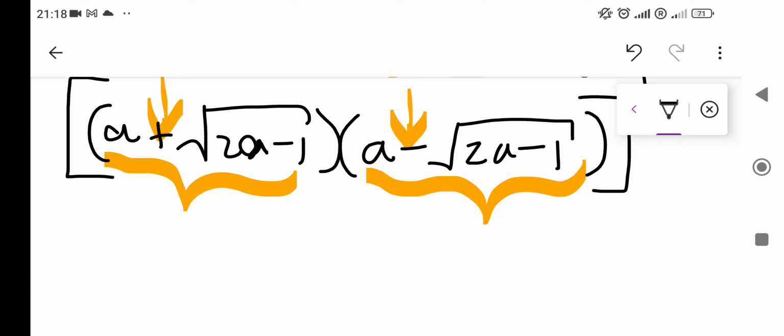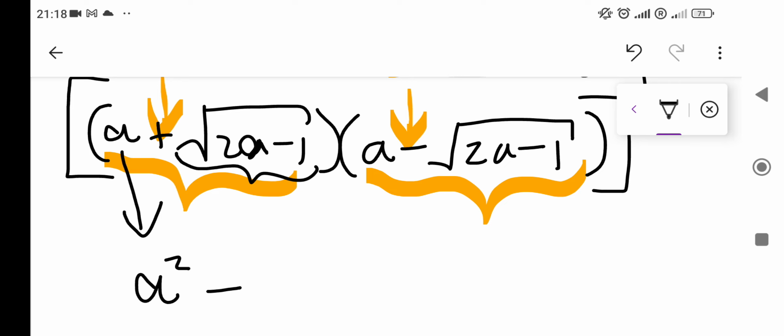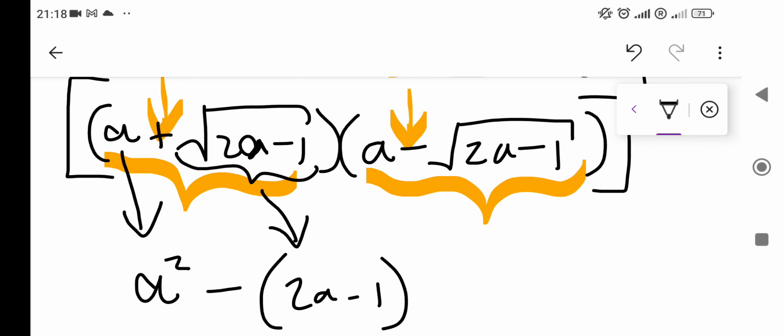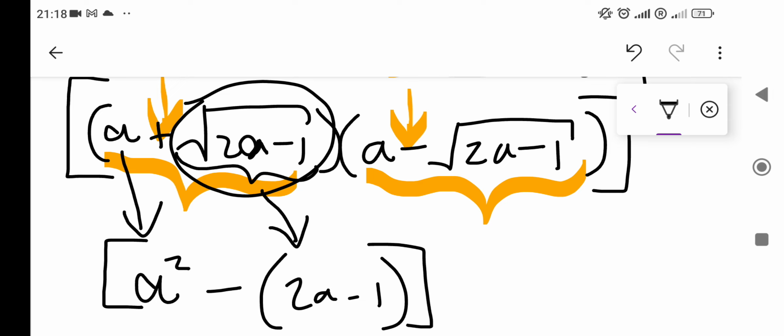But for us that knows that's a difference of two squares, we know we will have the first one squared, so it's going to be a squared minus the last one squared. So in our case now, that's going to be the 2a minus the 1, right? And the square root would have been squared, so the square root disappears. And don't forget we had the square bracket thing over here, which had this half outside.